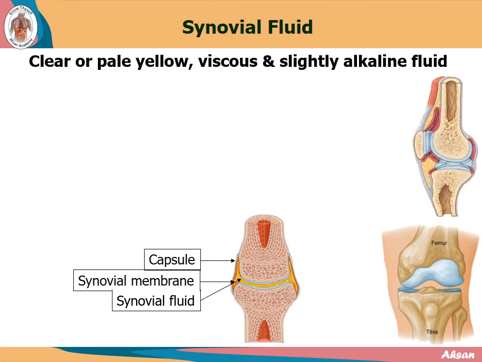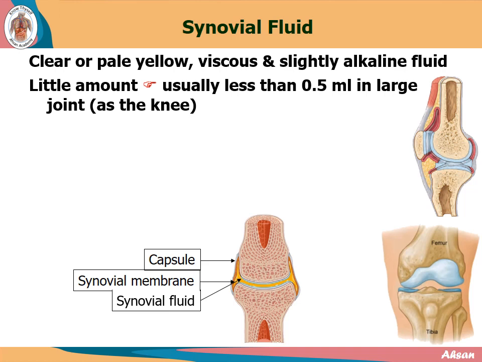This is a pale yellow, viscous, thick and slightly alkaline fluid. It's a very little amount. The maximum, 0.5 ml, is present in the knee joint, which is a very large joint. On movement, the pH moves towards acidity.